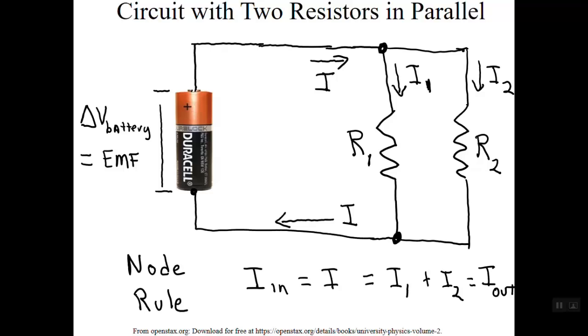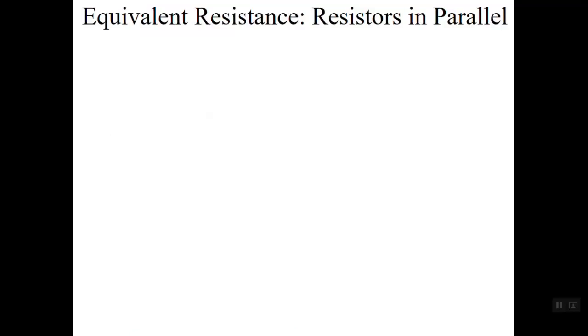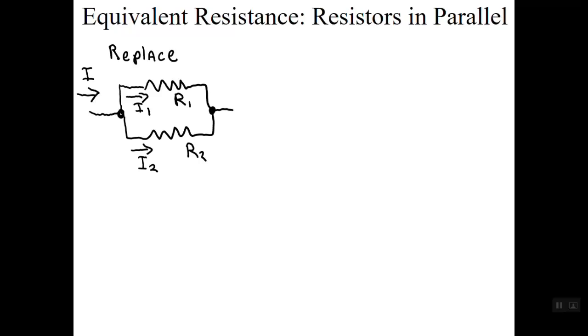I in equals I out for the junctions on either side of the two resistors in parallel. Let's simplify the situation. We want to replace this parallel combination of two resistors, R1 and R2, with a single resistor, REQ, that's electrically equivalent.